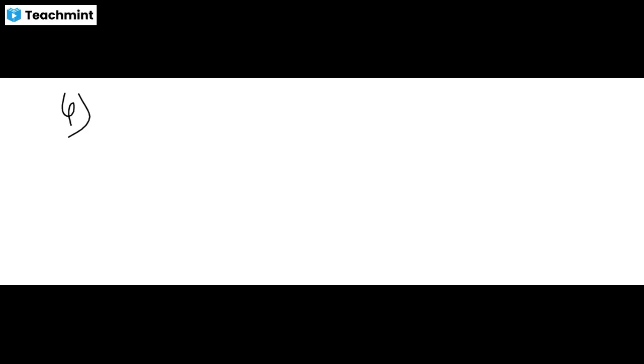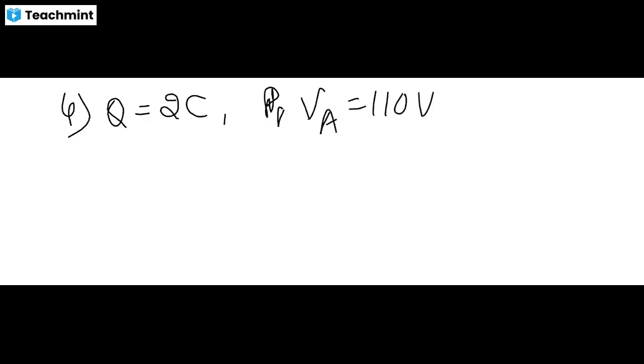The next one, calculate the amount of work done in shifting a charge of 2 coulombs from point A to point B, having potentials VA of 110 volt and VB, the potential at point B, of 25 volt. So how do you do this?